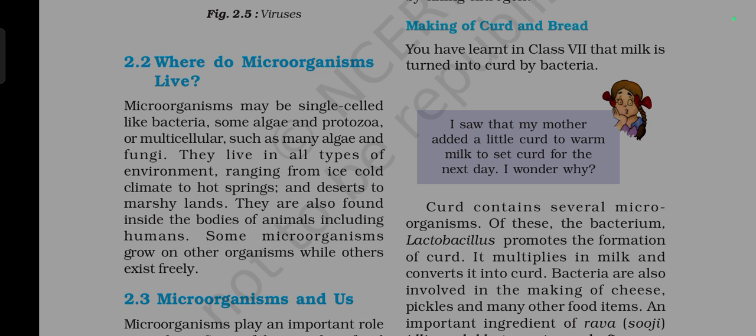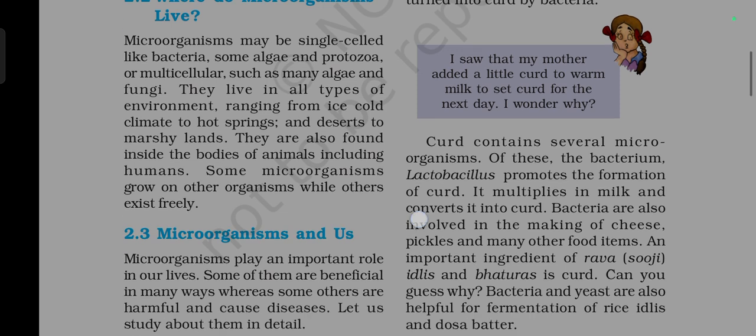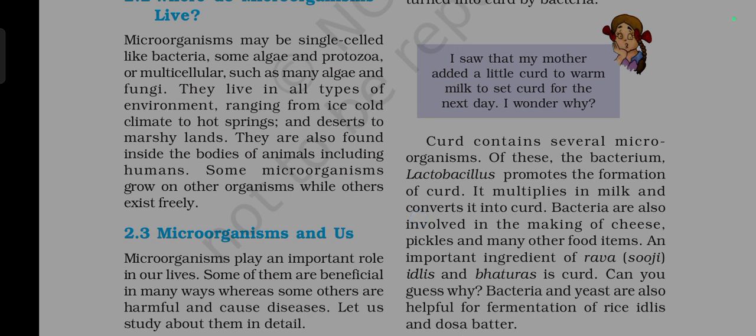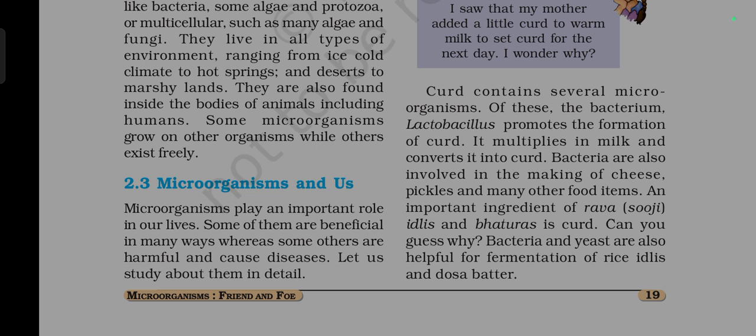They live in all types of environment, ranging from ice cold climate to hot springs and deserts to marshy lands. They are also found inside the bodies of animals, including humans. Some microorganisms grow on other microorganisms while others exist freely.